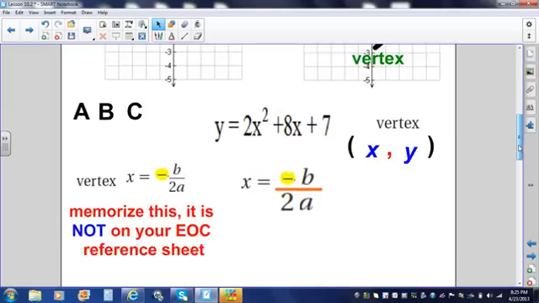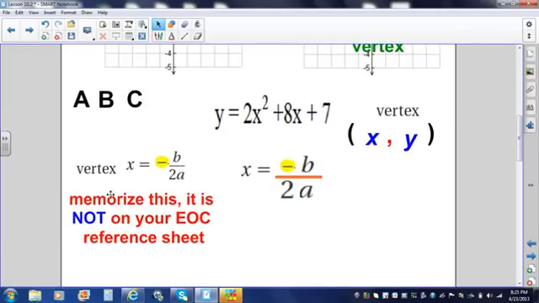We are going to find our vertex. We said memorize: x equals negative b over 2a, because that is not going to be on your reference sheet.